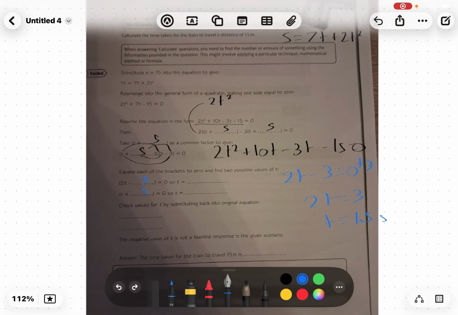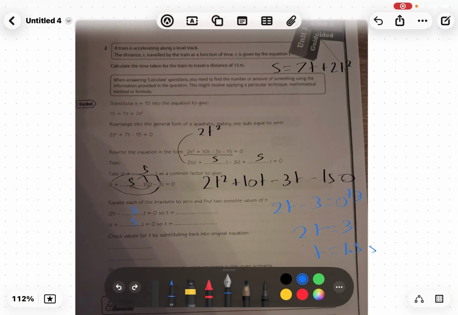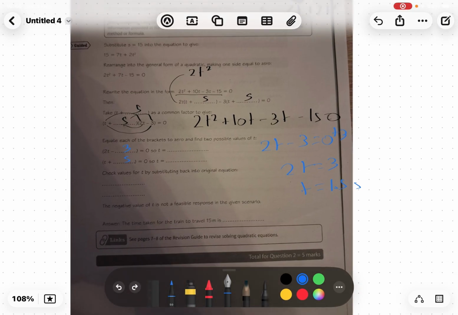Let's quickly check. Oh no, it's not seconds. Distance is in C for some reason, but yeah, 1.5 C. Distance. That's just how it is.